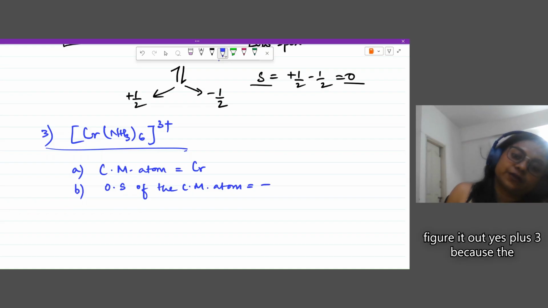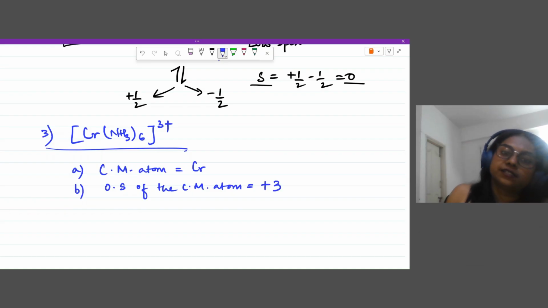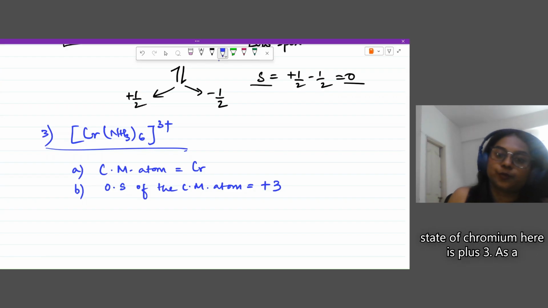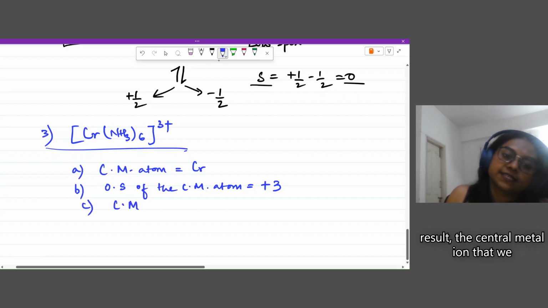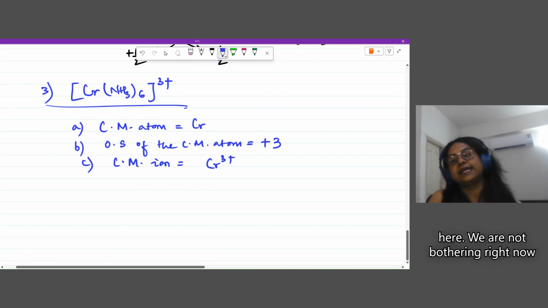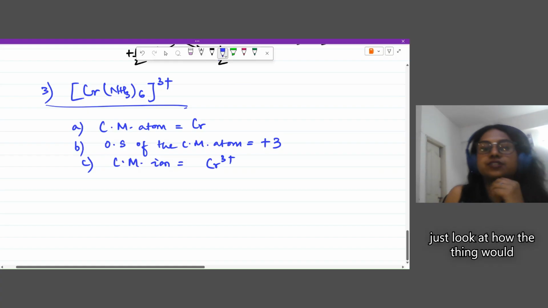Plus 3, because the ligand ammonia is neutral. So the oxidation state of chromium here is plus 3. As a result, the central metal ion that we obtain here is Cr3 plus. Here we are not bothering right now about the effective atomic number.